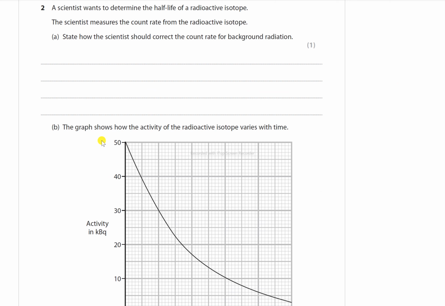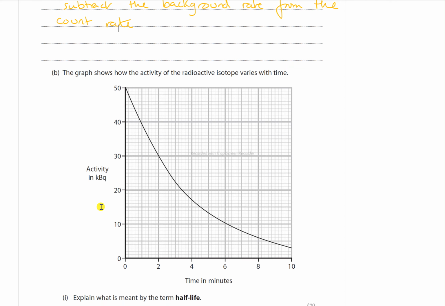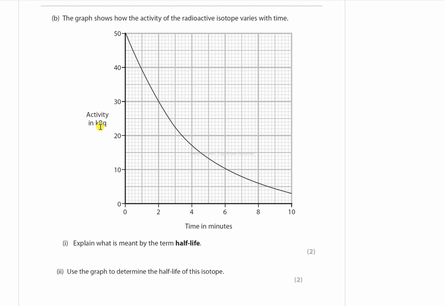It's a 1 marker, so you would subtract the background rate from the scientist's count rate. That's it, done.